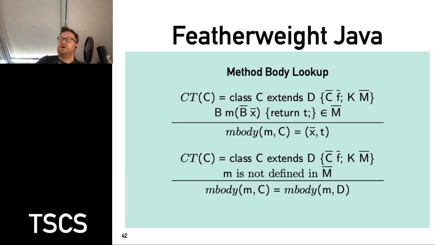When you worked with Self before, the method body itself is more like this T and not like the calling context, which is X. In Featherweight Java, it's a little bit different here, but we are purely functional, so this is fine. And if it's not defined in C, of course, we just take the method body from D, and in Object, we do not have anything.